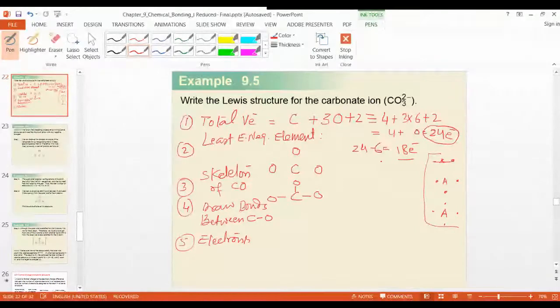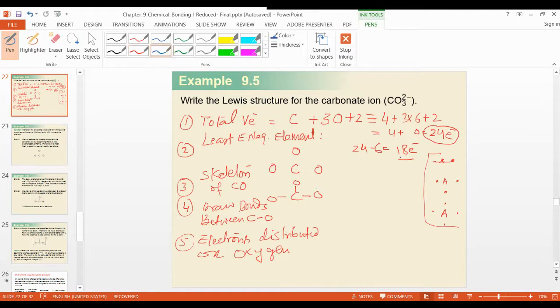Two examples I have done, but still you don't know what you have to do. We give it to oxygen first, and after we are done with the 3 atoms of oxygen, we give the left over to carbon.